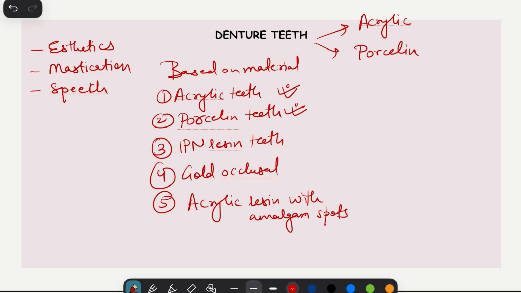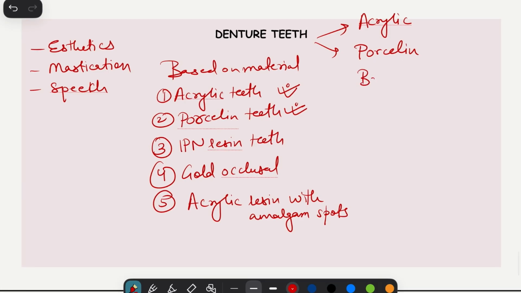Now, based on the morphology, we have 5 types of teeth.